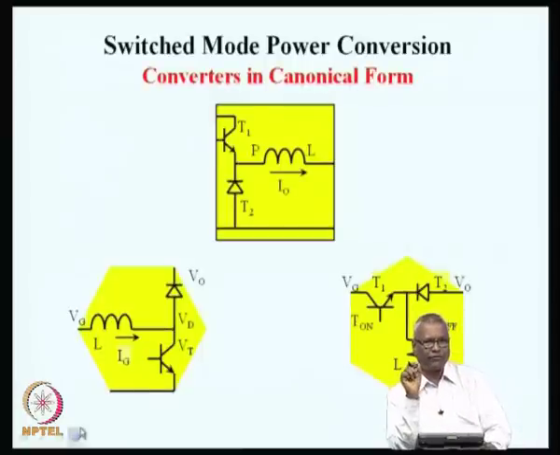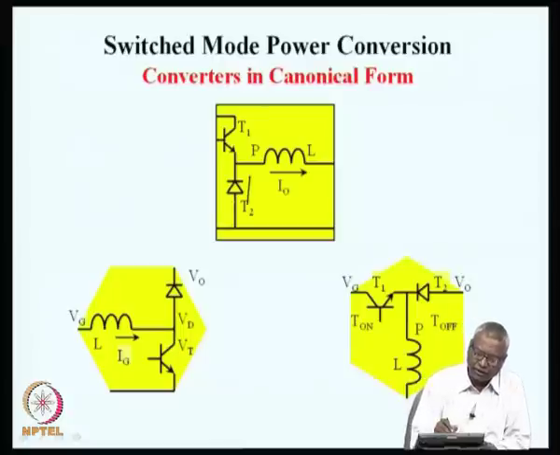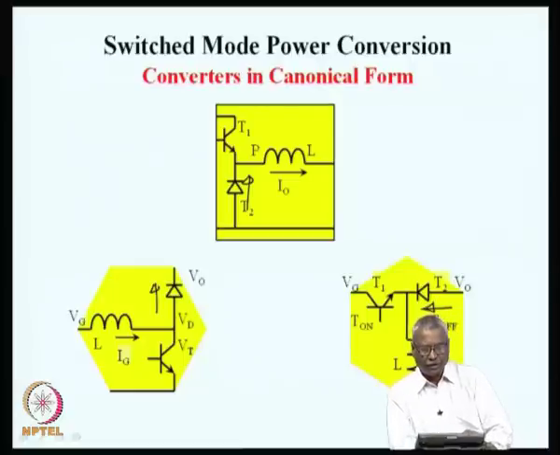I just want to briefly indicate what is going to come next. See, in all these converters, what we see in a canonical form is a buck converter or a boost converter or a flyback converter. In these converters, there is a diode which is in the circuit, and this diode does not allow the current in the inductor to be in both directions.